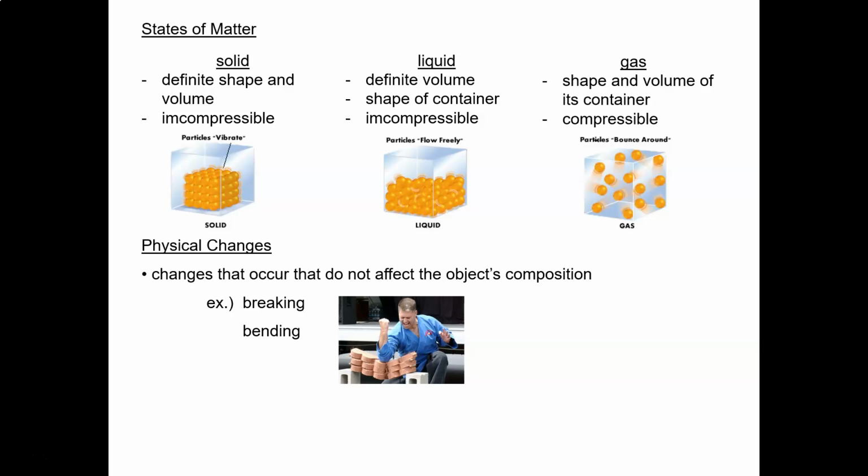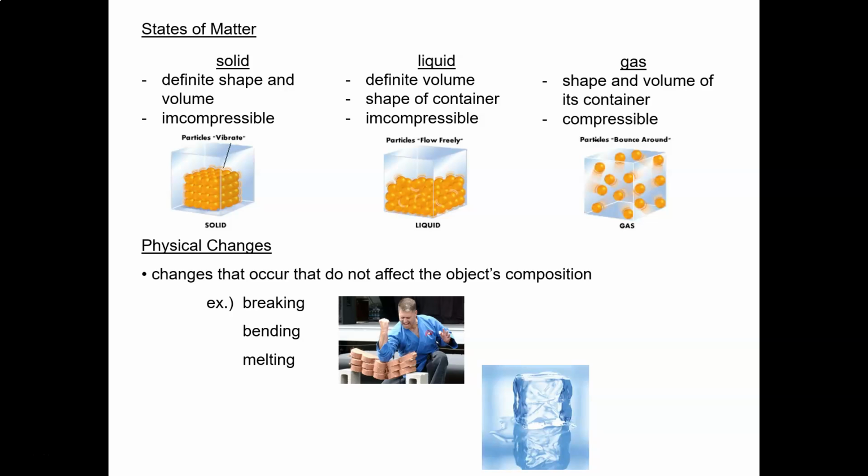If you bend something, it might be a different shape than it was, but is it made out of something different? Nope. If you melt something, if I take an ice cube and melt it, is it still water? Yep. Therefore, that's just a physical change. I didn't chemically change it. We're going to get into chemical changes a little bit later in this chapter.